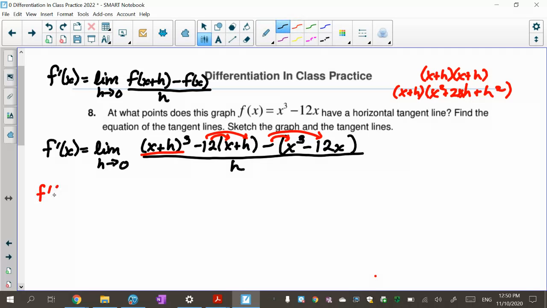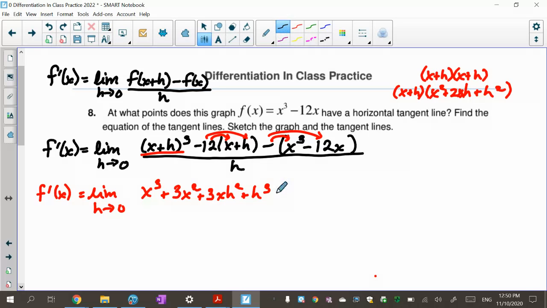F prime of x equals the limit as h approaches 0 of, and this part right here comes out to be x cubed plus 3x squared h plus 3x h squared plus h cubed. So that's that part right there.